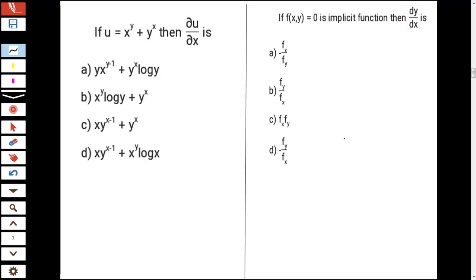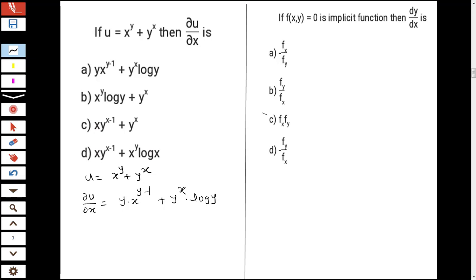Now here, u is equal to x raised to y plus y raised to x, and we want ∂u/∂x. With respect to x, we will treat y as a constant. The derivative of x raised to y will be y into x raised to y minus 1, plus the derivative of y raised to x, which will be y raised to x into log of y.